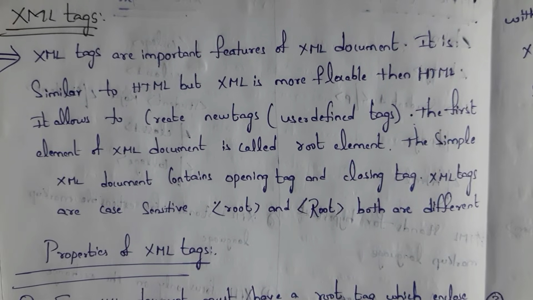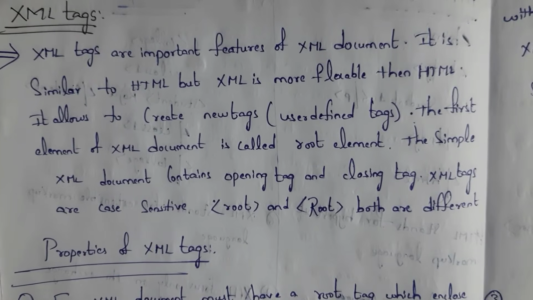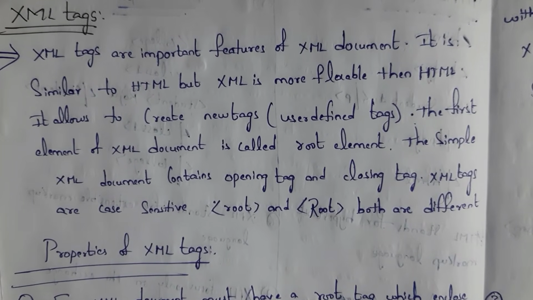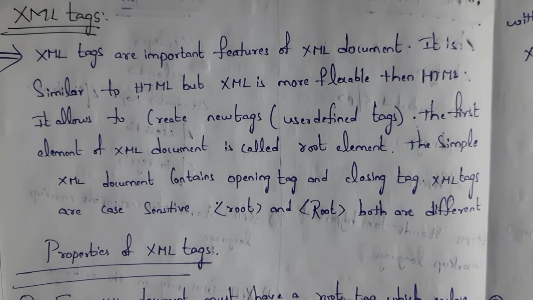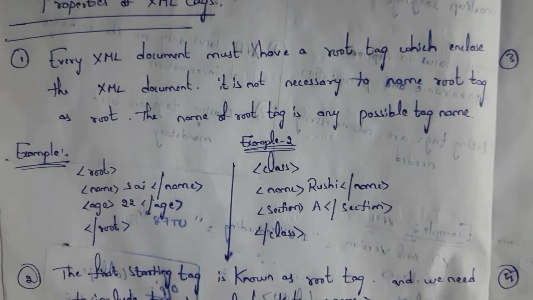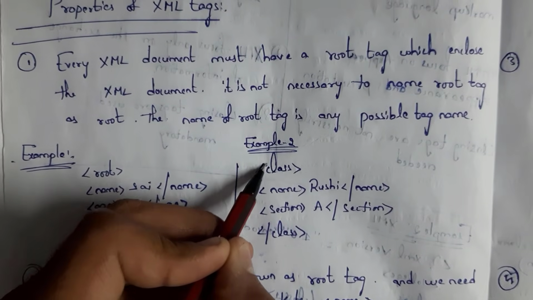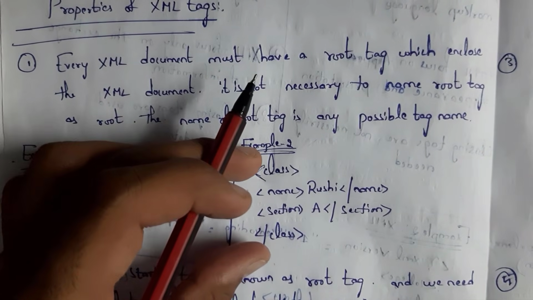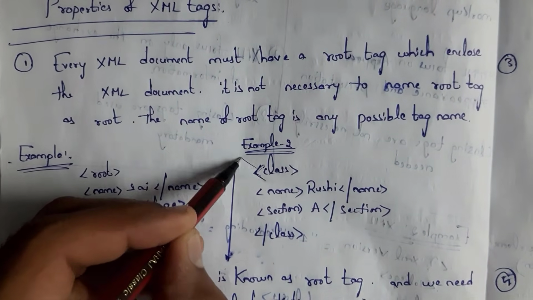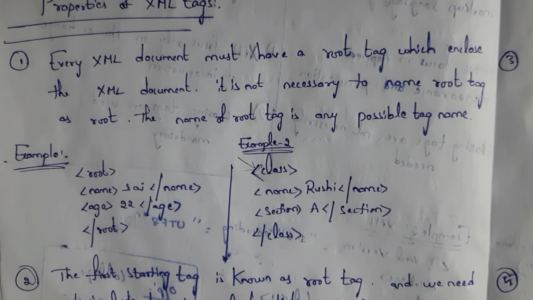This topic is XML tags. As I said before, we can create our own tags in XML. XML is more flexible than HTML because we can create our own tags in XML. If you consider this example, the starting tag is known as the root element. Whatever starting tag that we are writing, it is known as the root element, and we can give any name to our root element.